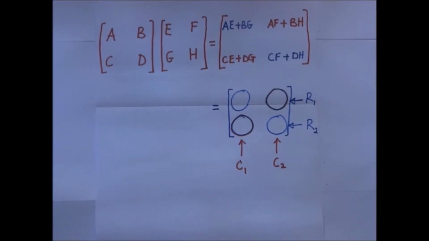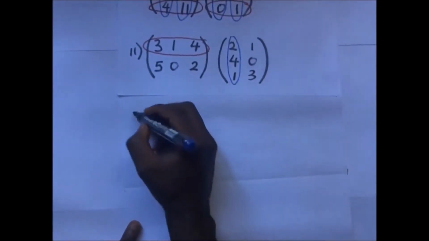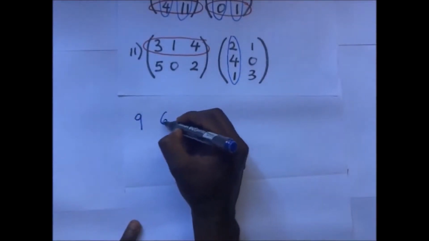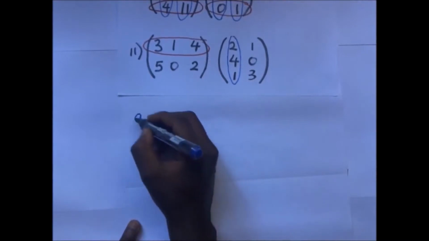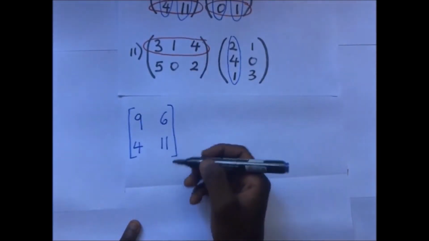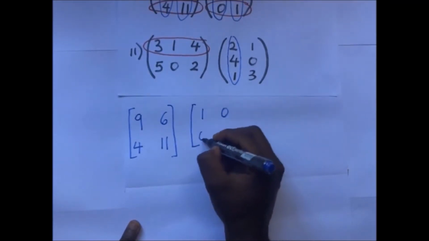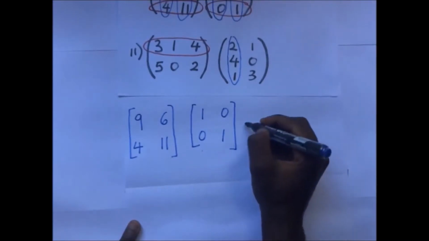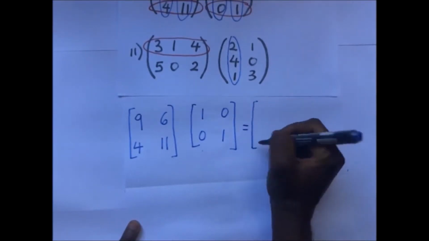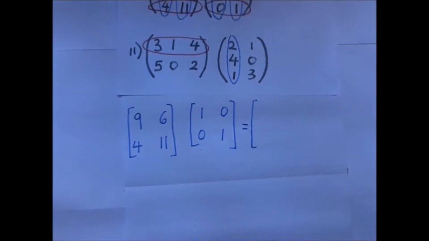So let's go ahead and do the examples. We have the first matrix as 9, 6, 4, 11. We are multiplying that matrix by 1, 0, 0, 1. So we are going to multiply the row by the column.